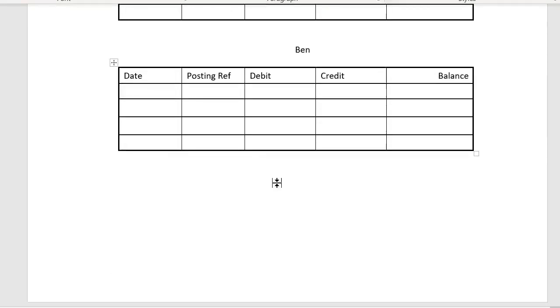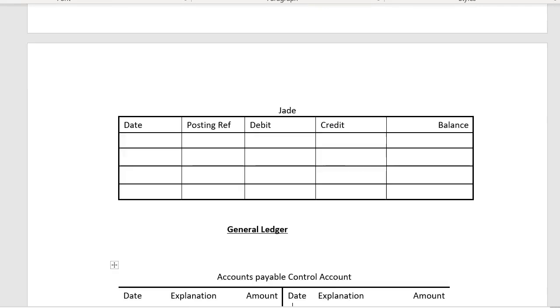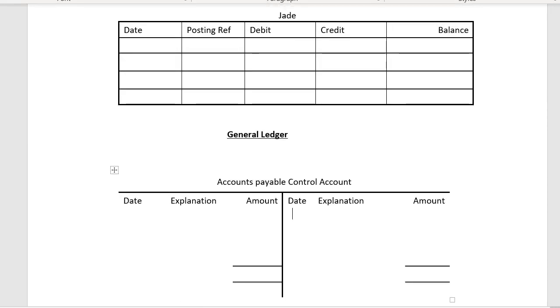Okay, so let me start with the control account first. Accounts payable control account is the main account. Accounts payable is a liability account, which means the opening balance is credit. First, check the date. It's the month of July, 1st of July. And you write the opening balance.